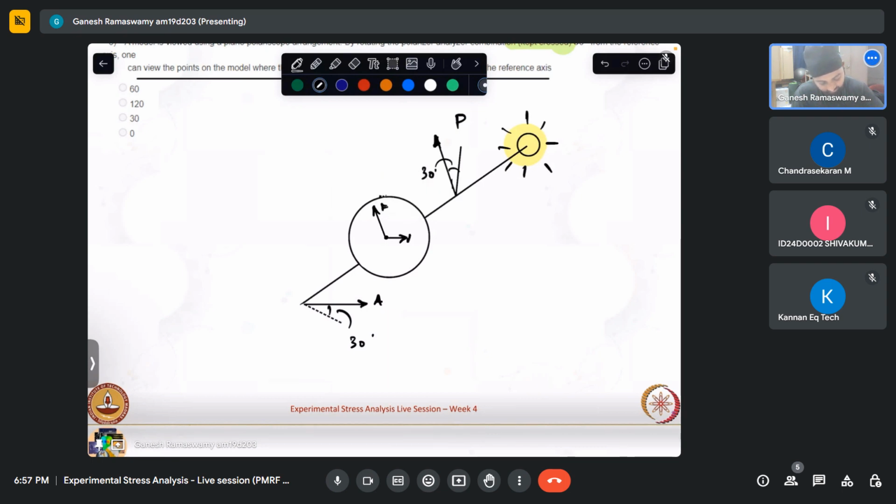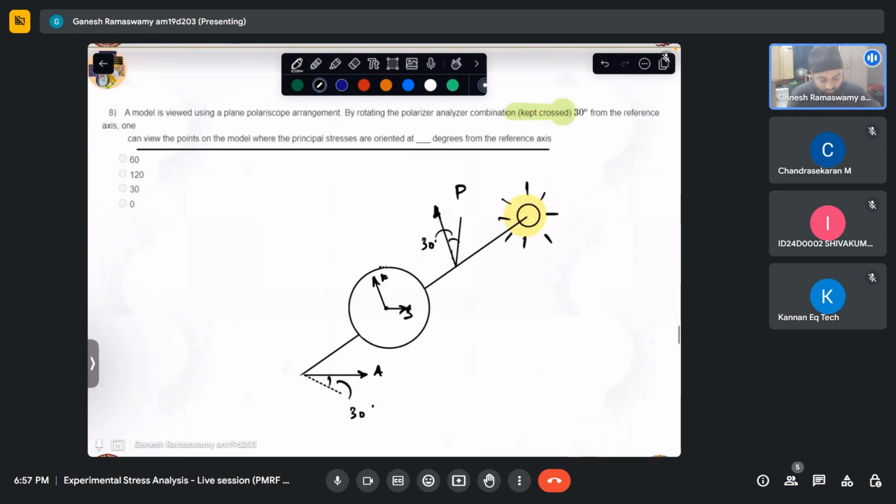Once the plane polarized light comes at 30 degrees, it passes unaltered through the fast axis and it will get totally cut by the analyzer. So we will be seeing a fringe there. So that isoclinic will belong to which angle is what is asked. It is but obvious that it will belong to the 30-degree isoclinic. So I hope this is clear.